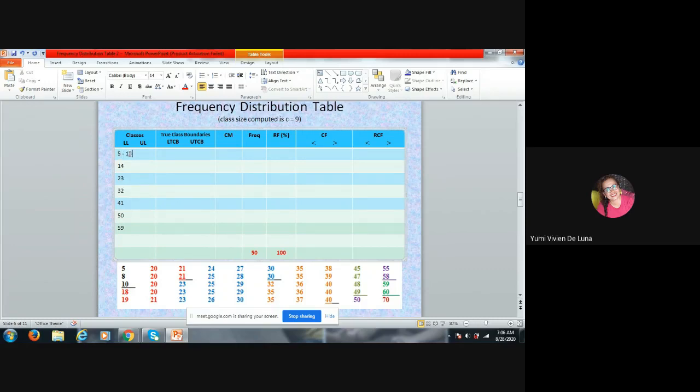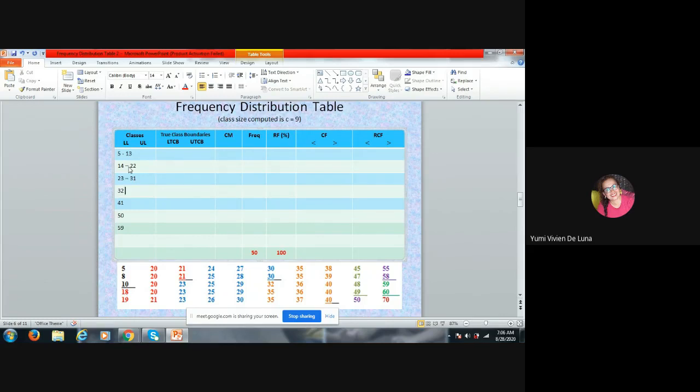So itong 13 na to, para malaman natin yung mga susunod na upper limit, mag-a-add lang naman ulit kayo nung na-compute natin na class size na 9. So 13 plus 9 will give us 22. 22 plus 9 will give us 31.